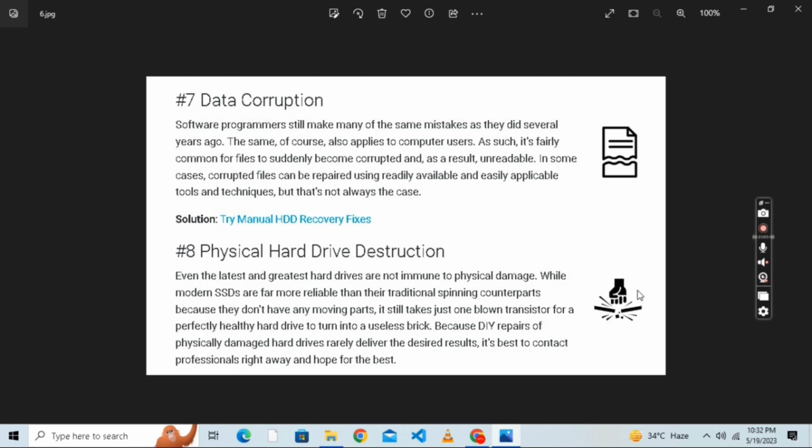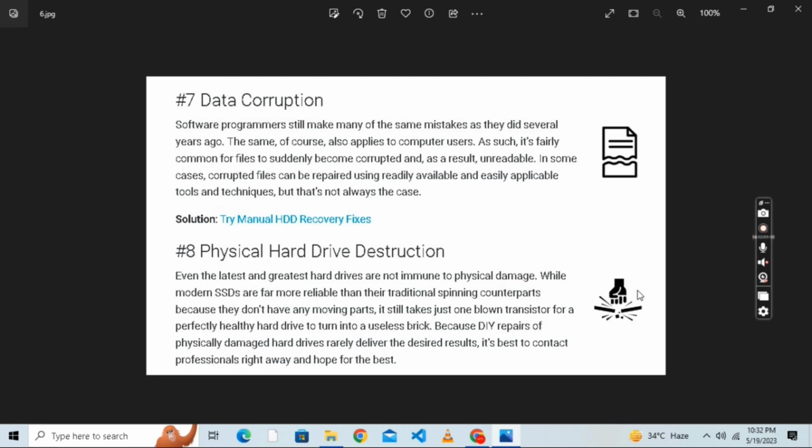Physical hard drive destruction. Even the latest and greatest hard drives are not immune to physical damage. While modern SSDs are far more reliable than their traditional spinning counterparts because they do not have any moving parts, it still takes just one blown transistor for a perfectly healthy hard drive to turn into a useless brick.